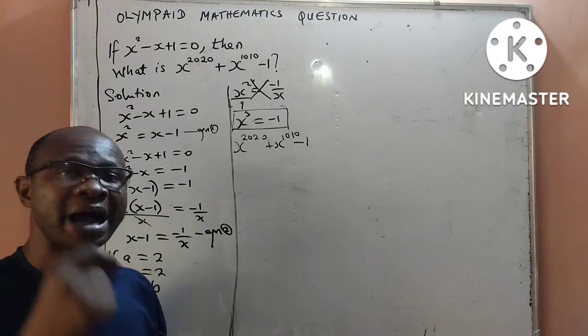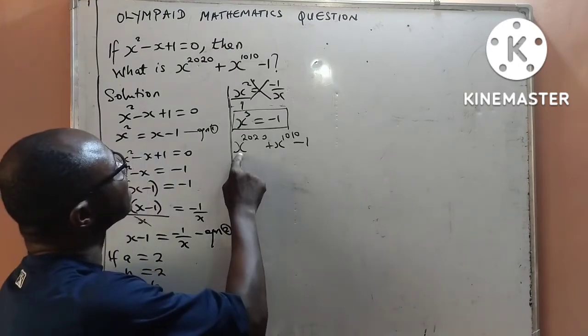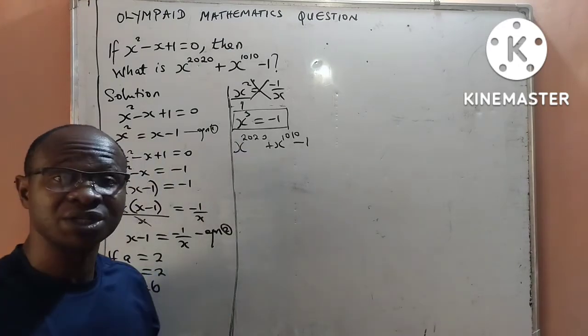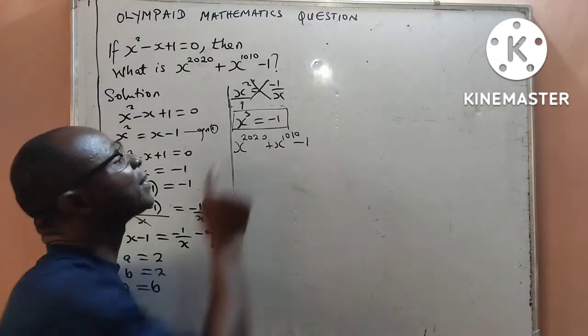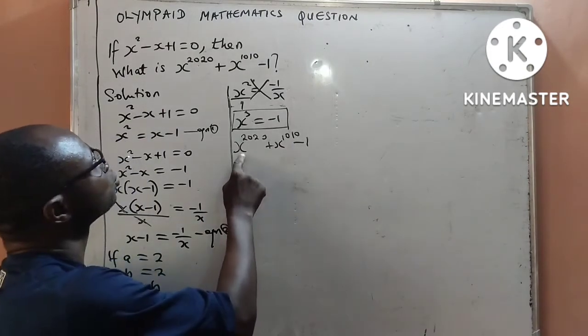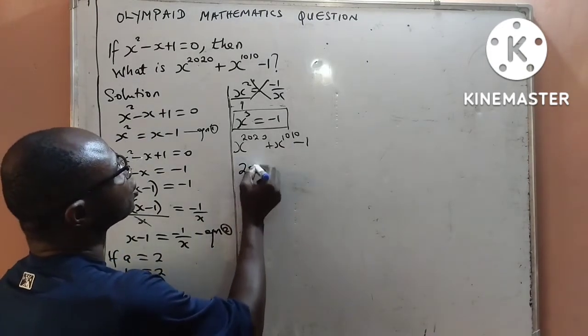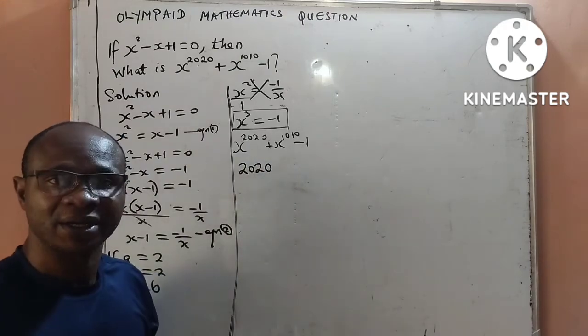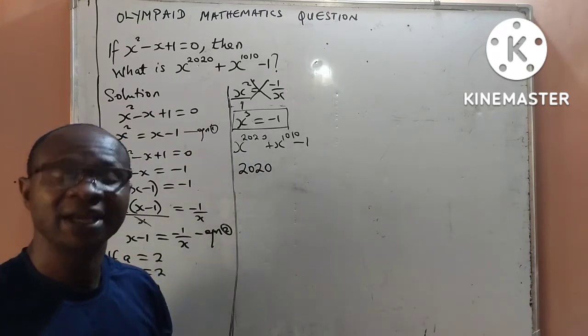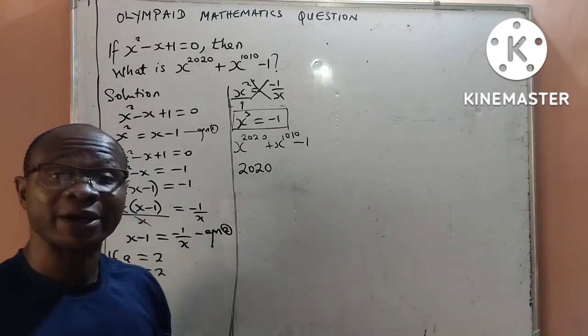I want to know how many x raised to the power 3 are inside x raised to the power 20, as well as x raised to the power 10. For 20, the way to go is to divide 20 by 3 to know how many x raised to the power 3 are inside x raised to the power 20.